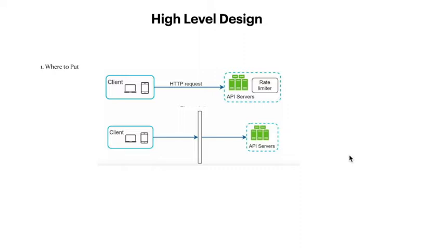You can create one library, or you can create one service at the server side, and when a request comes to your server, it will be passed to the rate limiter also, and according to that it will be fulfilled. But if you see the second diagram, there is one middleware between your client and server, which works as a rate limiter.